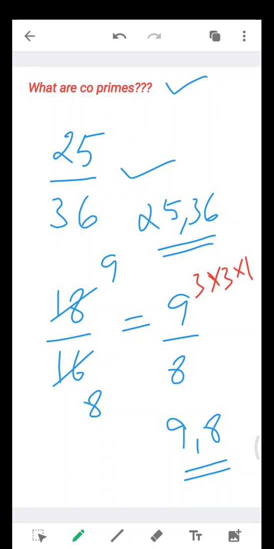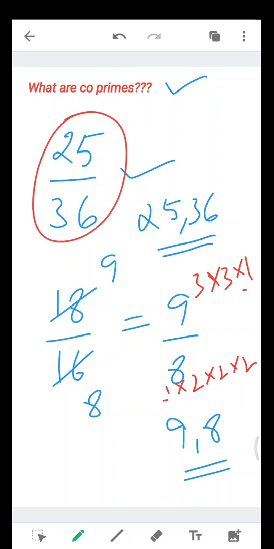And if I write the factors of 8, 2 into 2 into 2 into 1. So there is no common factor. That's the reason we cannot divide. So what is the common factor between 9 and 8? That is only 1. And the common factor between 25 and 36 is also 1. We cannot divide them further.